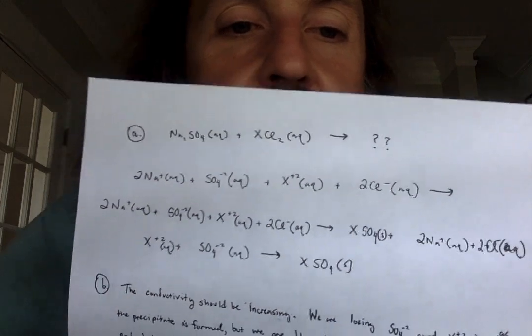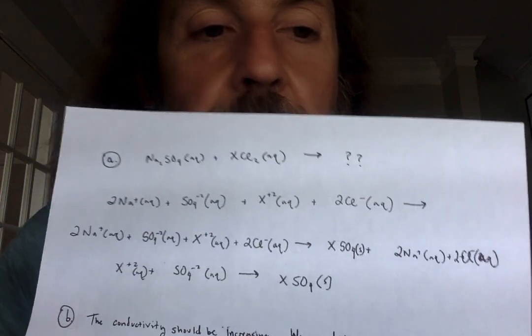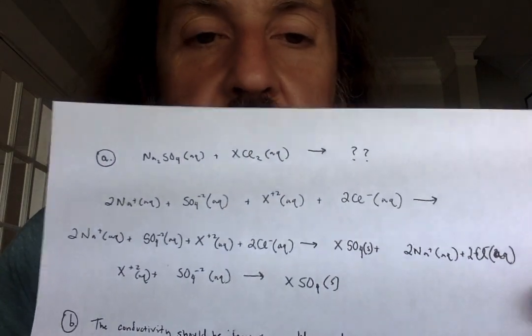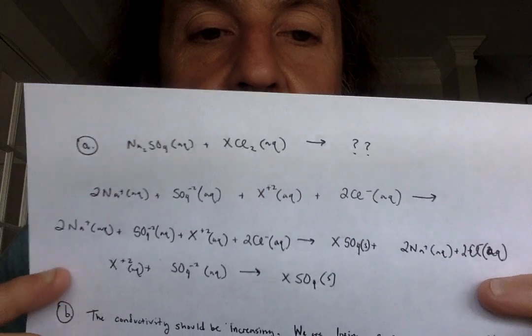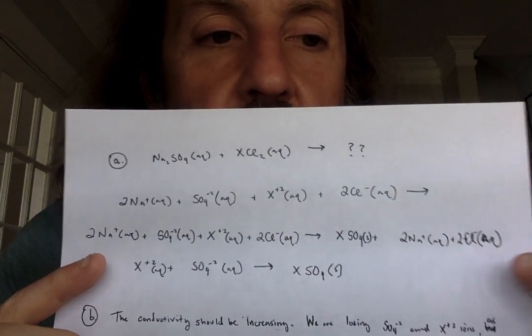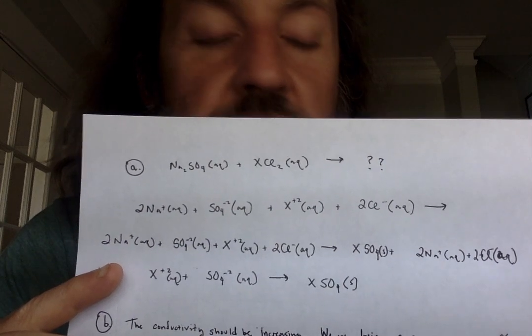And then I realize, this goes back to the last problem, the sodium is going to be a spectator ion because everything with sodium is soluble in water. So I don't have to worry about that.